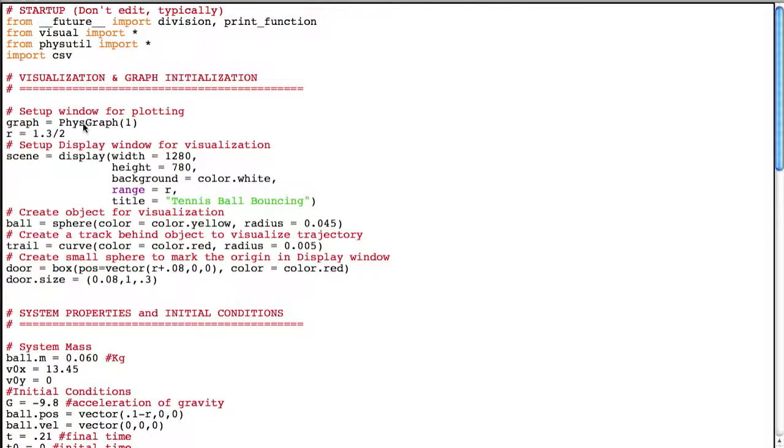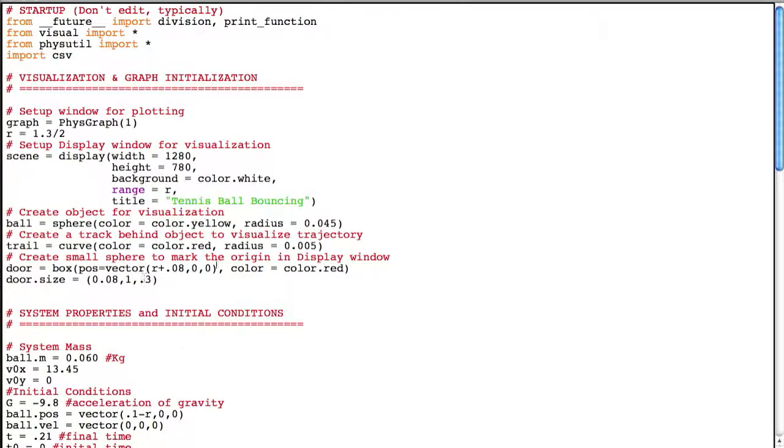We divide it by 2 because the center of the screen will be 0, and the far right side of the screen will be half of 1.3. The far left side will be negative half of 1.3.